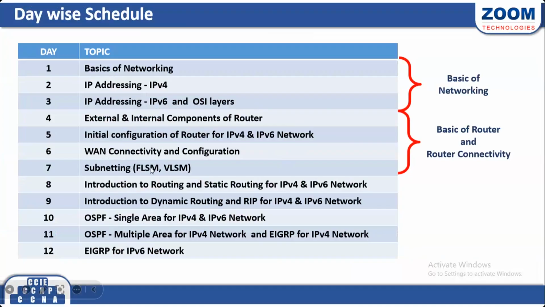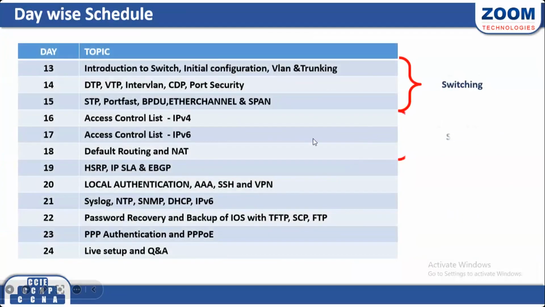Then the subnetting topic: FLSM, fixed length subnet mask, then VLSM, variable length subnet mask. Subnetting is also very important. Then the routing part: static routing, dynamic routing. In dynamic routing, RIP protocol, OSPF single area, OSPF multiple area, EIGRP, BGP. These are the dynamic routing protocols. Then after routing, the switching topic: introduction to switch, initial configuration. Without configuration a switch can also work, because a switch is a plug and play device.